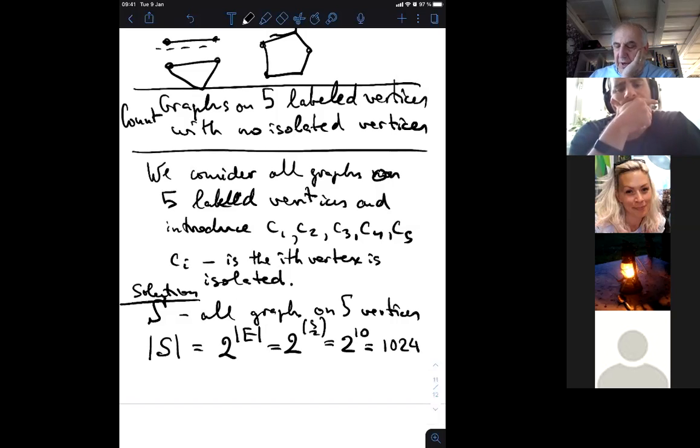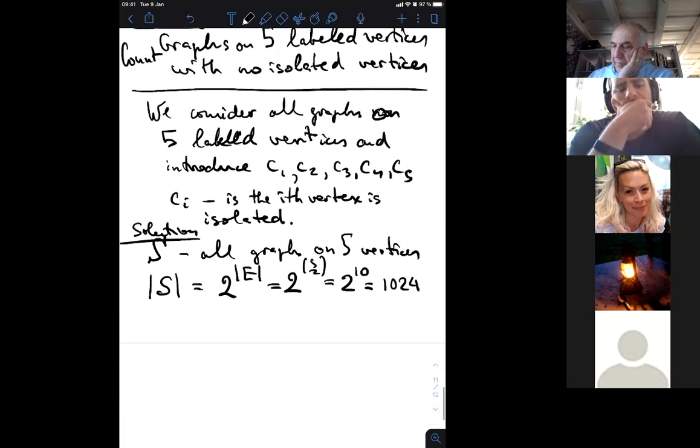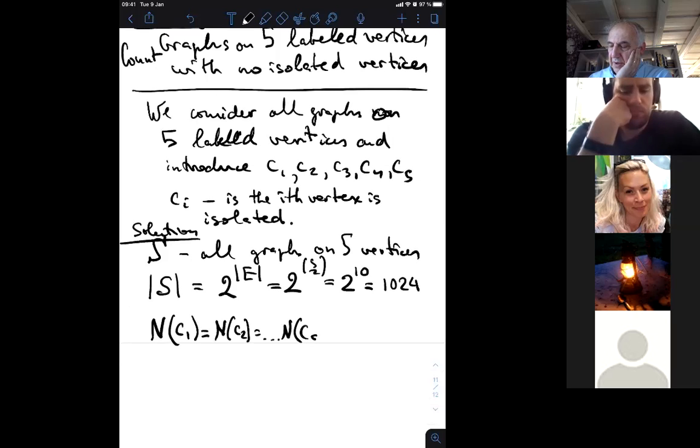Now, how many graphs are there where the first vertex, C1, is isolated? And this is, of course, equal to n of C2, n of C3, and n of C5. So how many graphs are there with one vertex isolated?